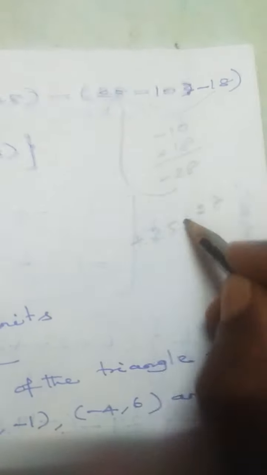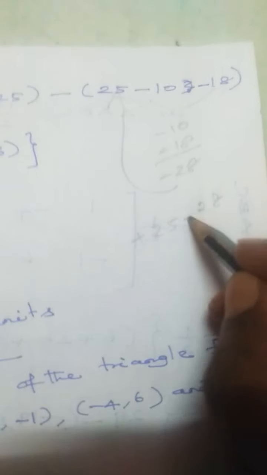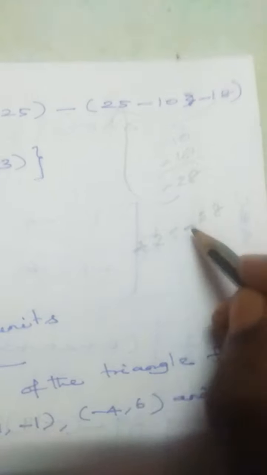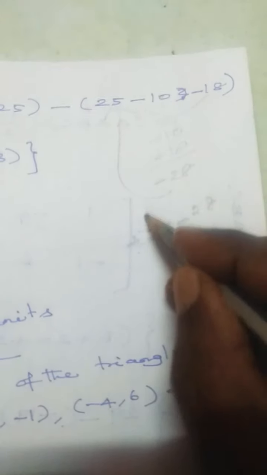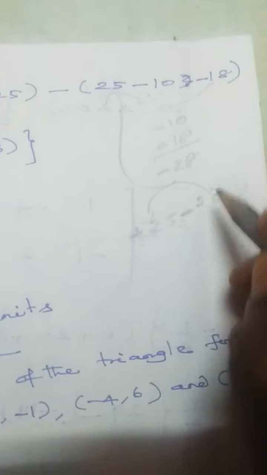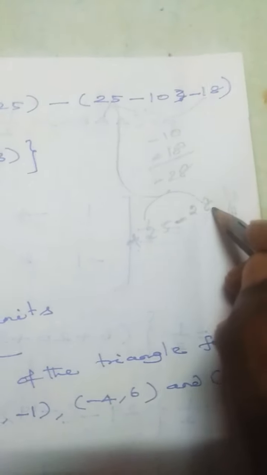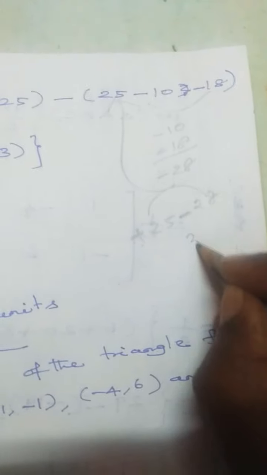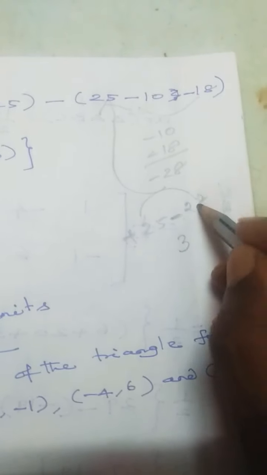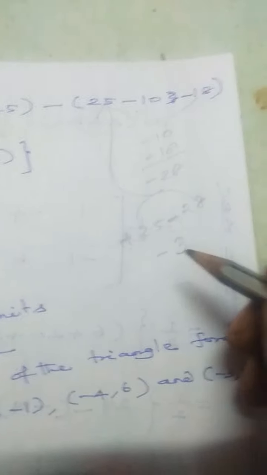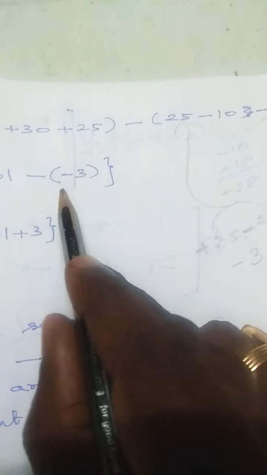When the signs are different, find the difference between the two numbers first. What is the difference between 28 and 25? It is 3. And the sign of the bigger number, 28, is minus, so minus 3.